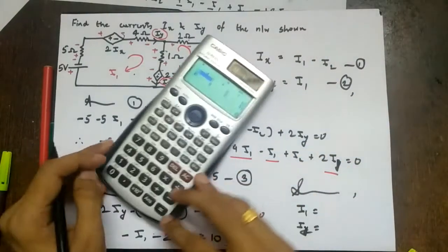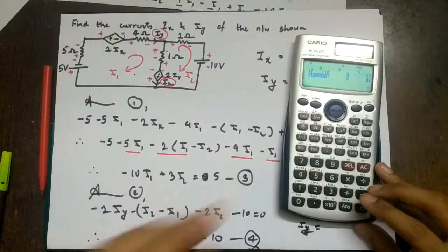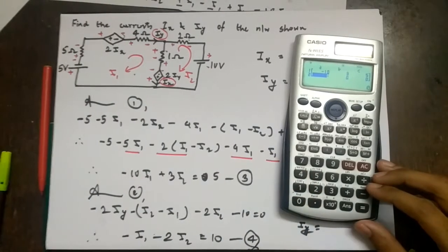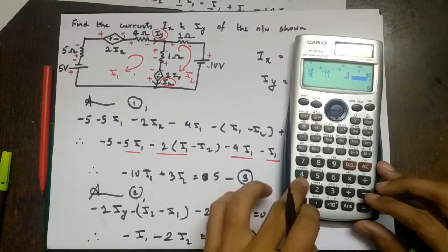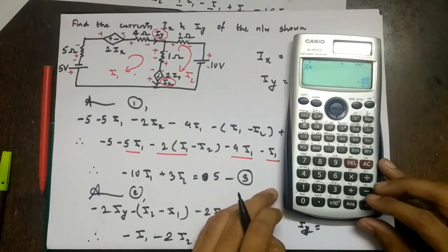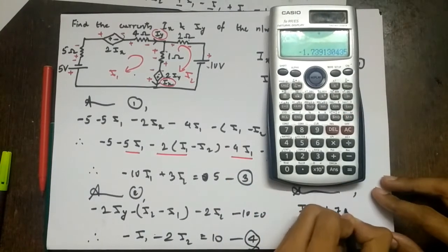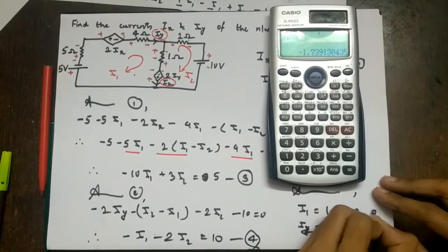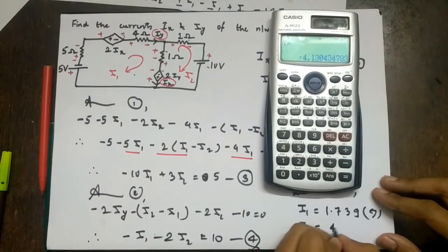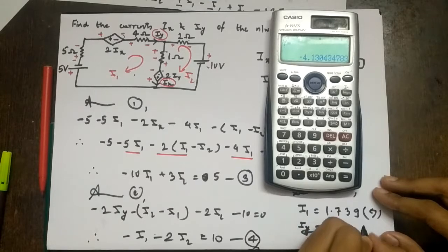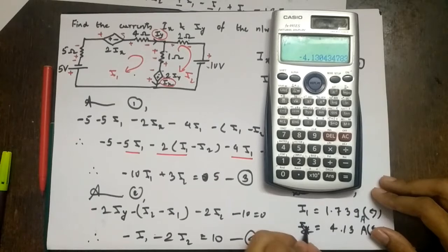The third equation is minus 10, 3, 5, minus 1, minus 2, 10. So I1 is, I'll take directly the positive sign, 1.739, and I'll change the direction. I2 is again taking positive sign, 4.13 ampere. Don't forget to write the unit. Right, so this is I1 and I2.